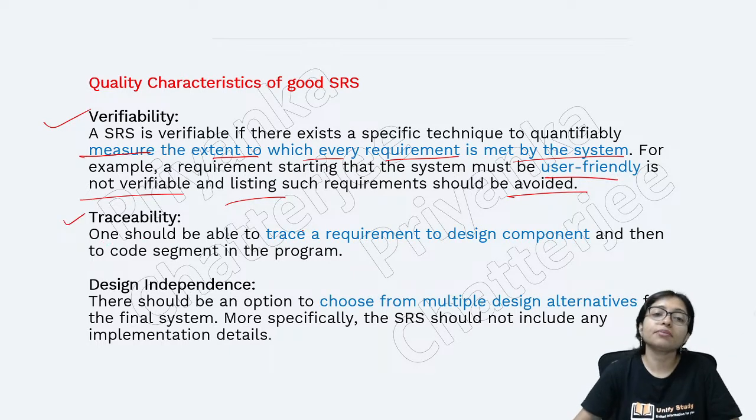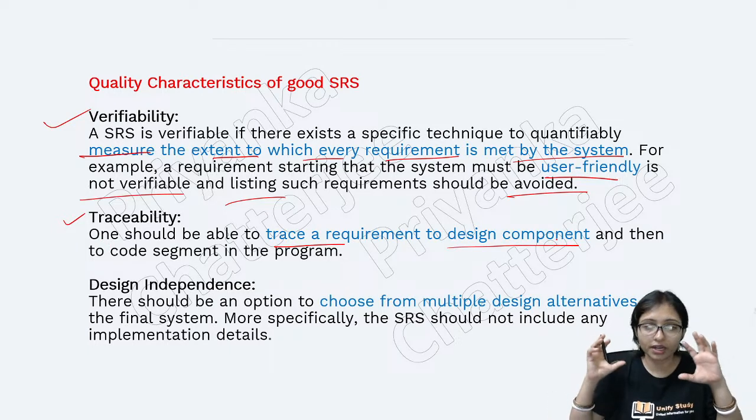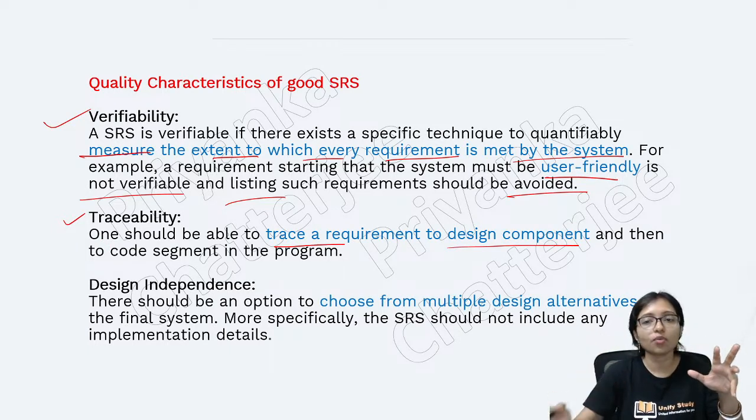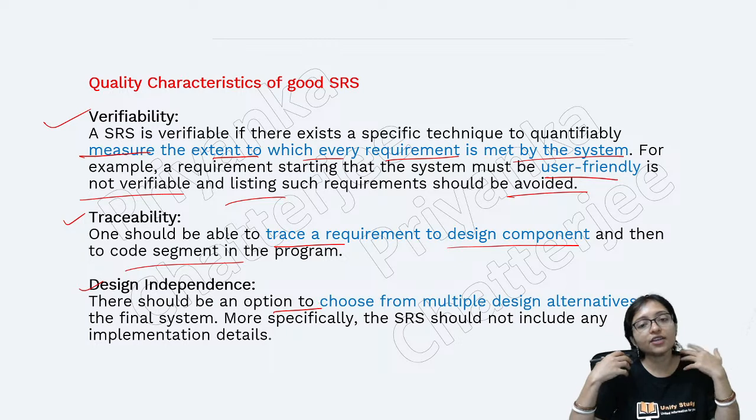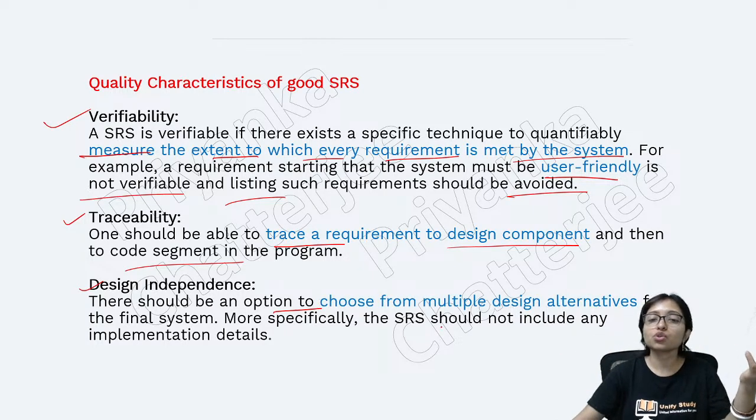Traceability. Traceability means tracing a requirement to a design component, whatever you are designing in the component, and then the code segment also. That is called traceability. Okay. Now design independence. Design independence means there should be an option to design in your own way, choosing from multiple design alternatives.